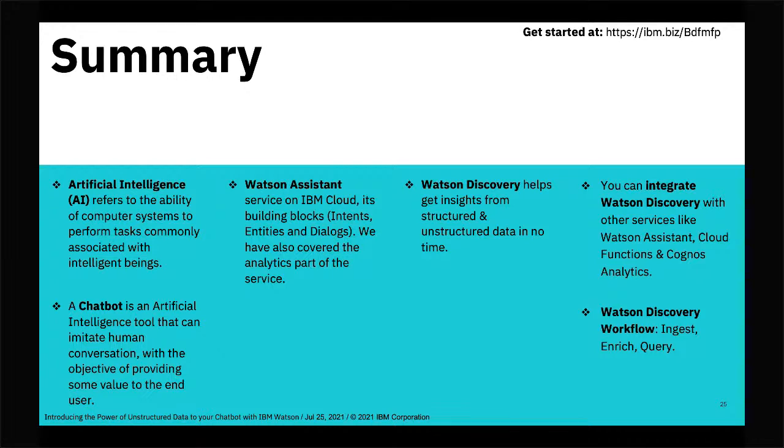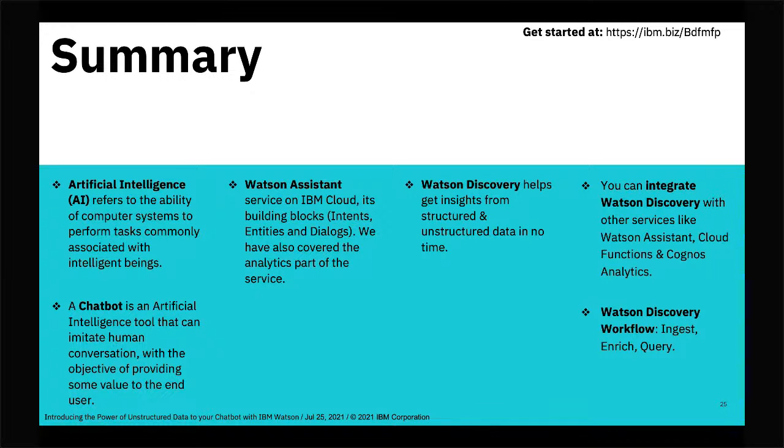It supports up to 12 languages, and you can try those out. Then we talked about the different components of Watson Assistant, such as the intent, which is the purpose of the user statement. We then talked about entities, which are used to further clarify the user intent. And finally, the dialogue, which is the flow of the conversation.